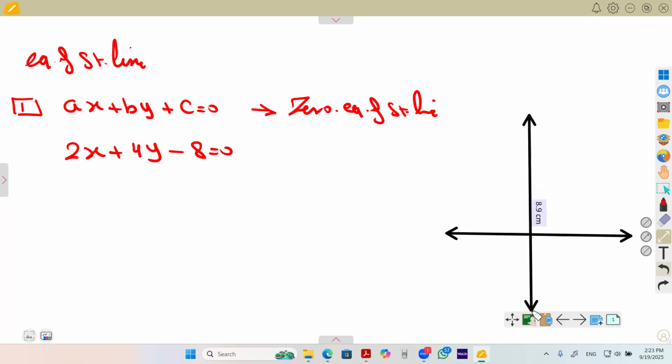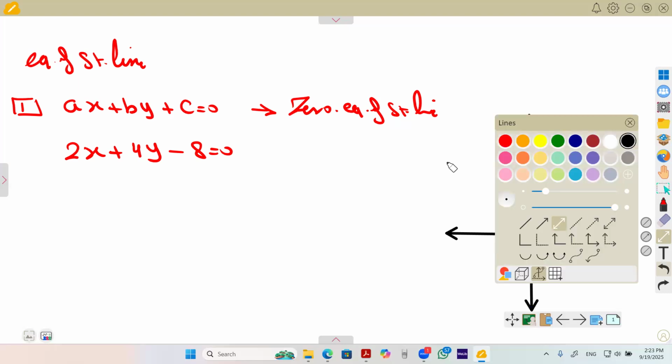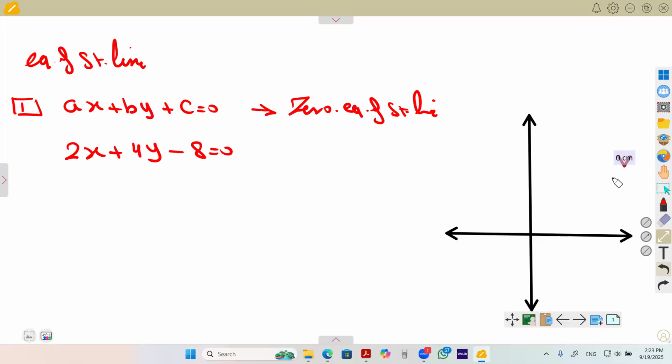The straight line on the graph has four forms. Either it has a slope to the right side of the x-axis, and the slope we can also get by the angle that lies between the line and the x-axis.